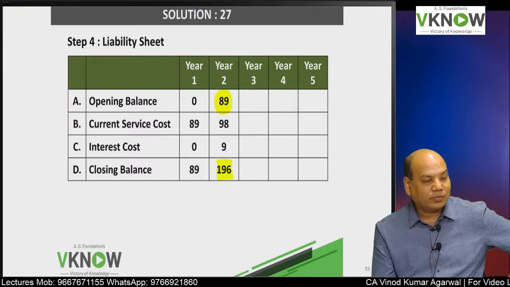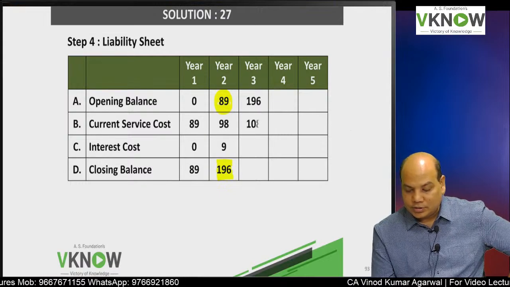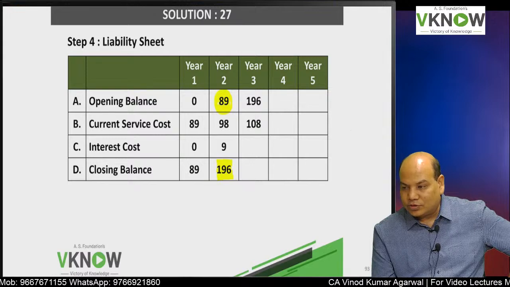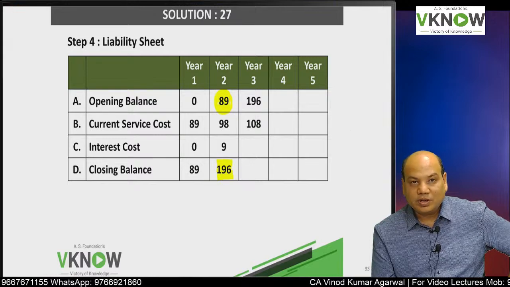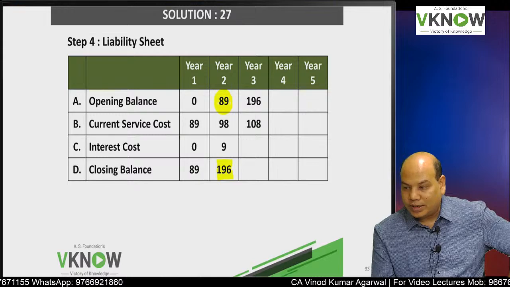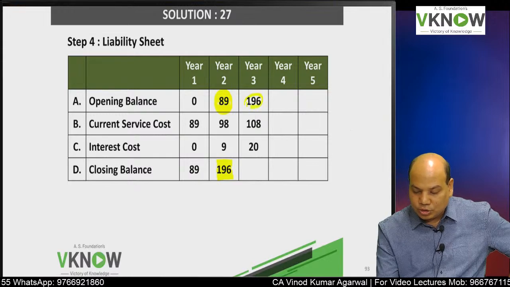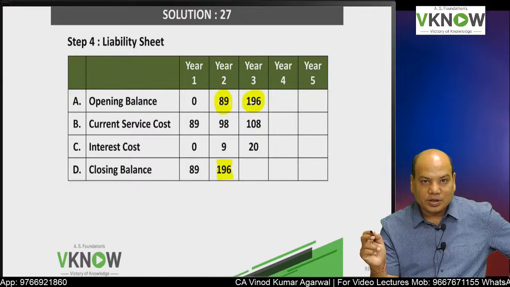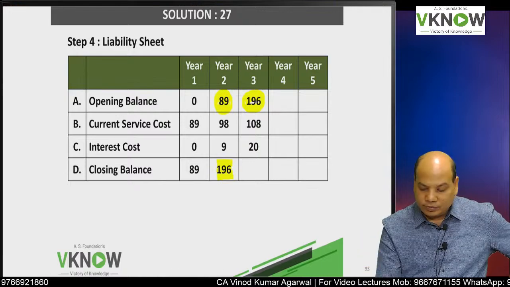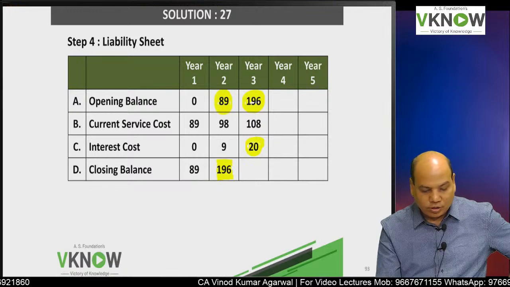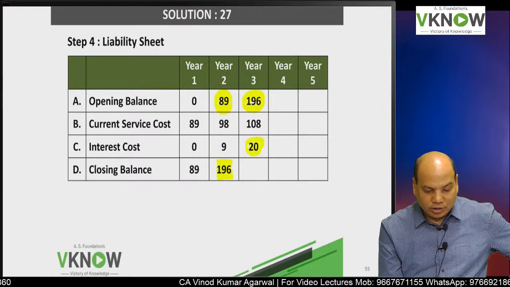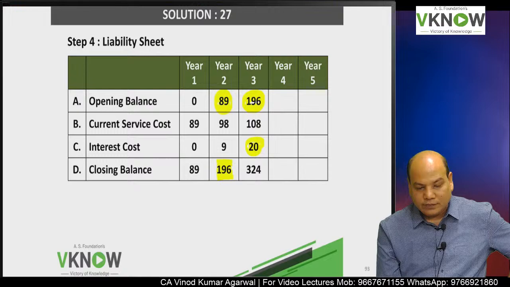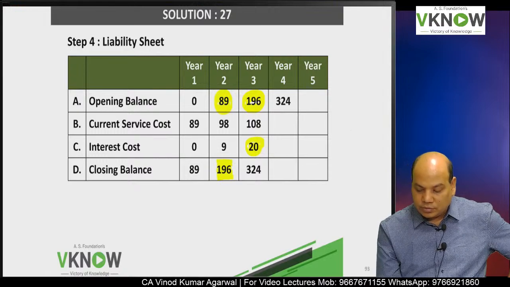Try the third year. Opening balance 196. Current service cost step 3, third year, 108. Interest on opening balance 196 into 10%. I am rounding off. You can write in decimals if you want, 20, and then we have total 324.